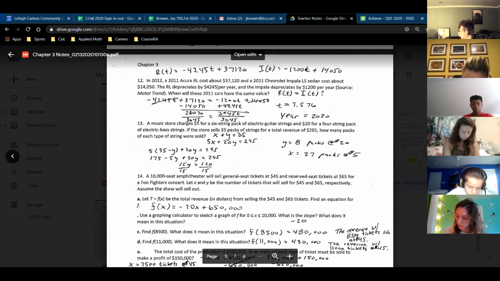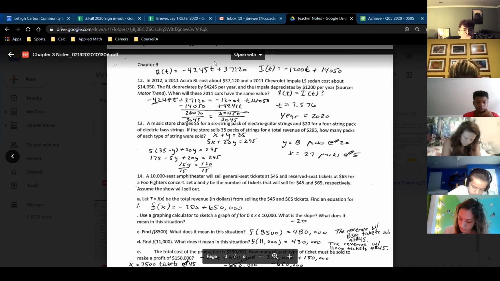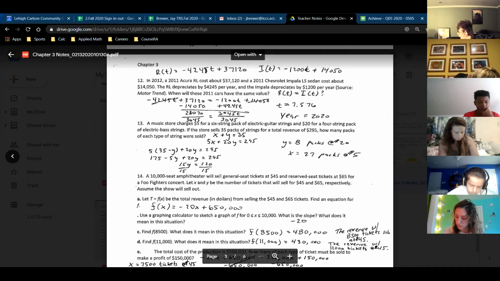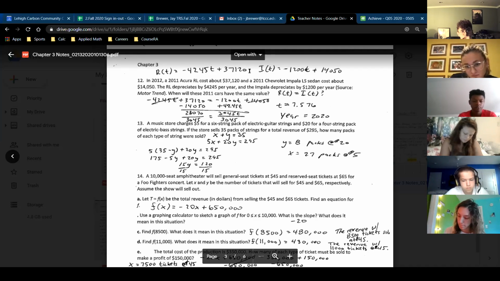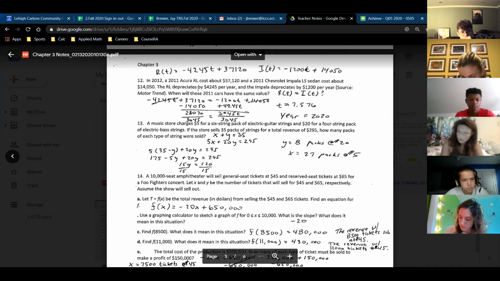And then it has a depreciation of 4,245 per year. So that's pretty much your slope. So that gives you that first equation of negative 4,245 T plus 37,120. Now you have to use a negative because it tells you that there's a depreciation.